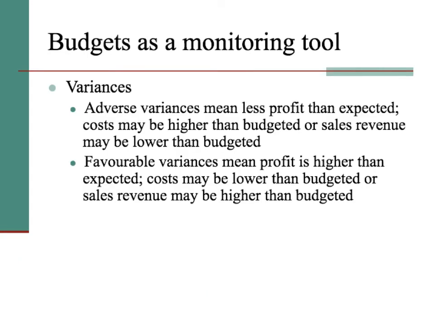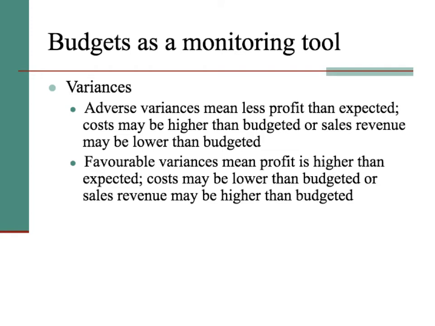So we can also look at this for profit, because we had a cost budget, an expenditure budget, we had an income budget, a revenue budget, and now you could also have a profit budget. So just to help you then, adverse variances means less profit than expected. So we're talking about the profit here.